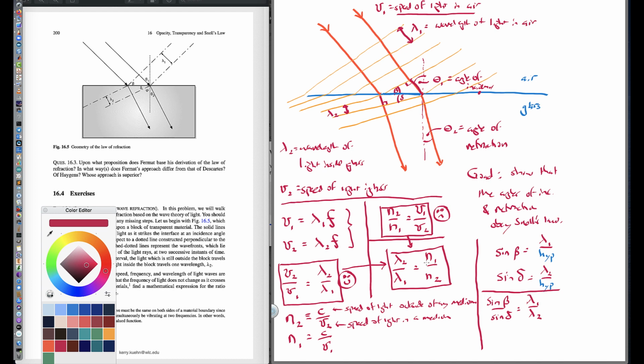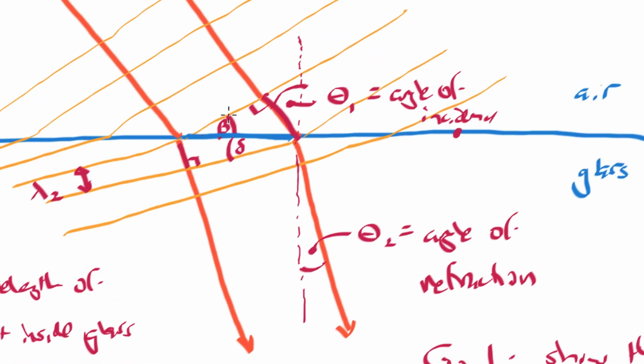And now notice that for lambda 1 over lambda 2, I can use my formula relating the refractive indices. So I can say sine of beta over sine of delta is equal to lambda 1 over lambda 2, which is n2 over n1. Okay, we're almost where we want to go in deriving Snell's law. Now I want you to notice one other thing: this angle beta is the same thing as theta 1, because this triangle right in here is similar to this triangle right here.